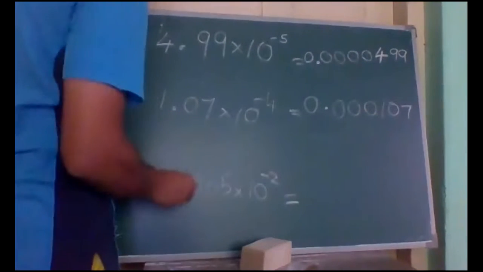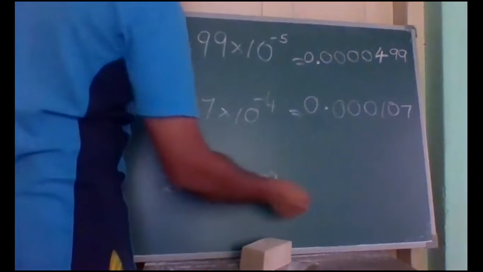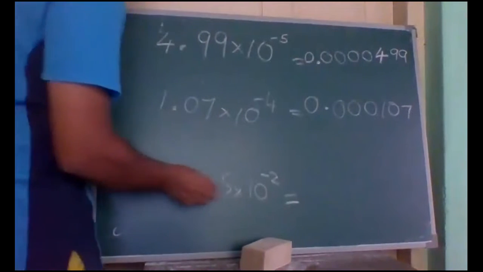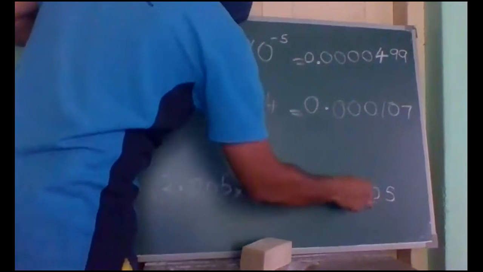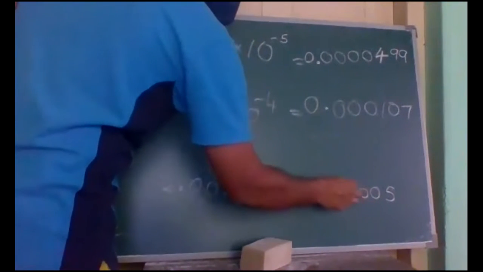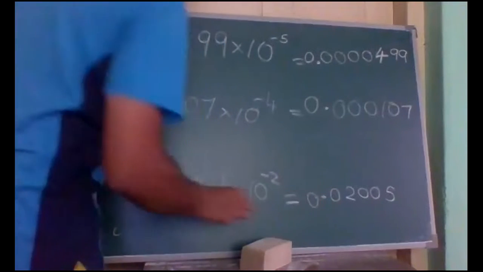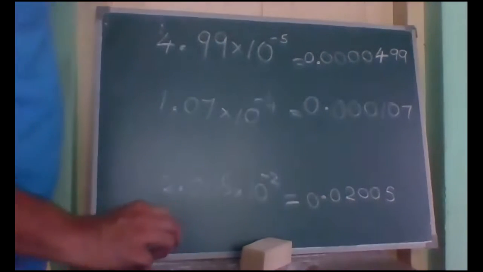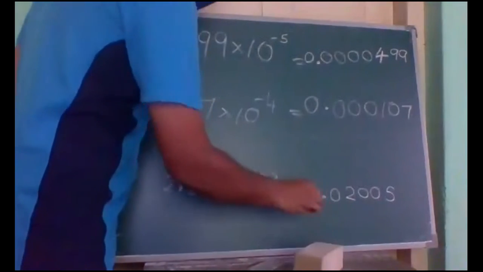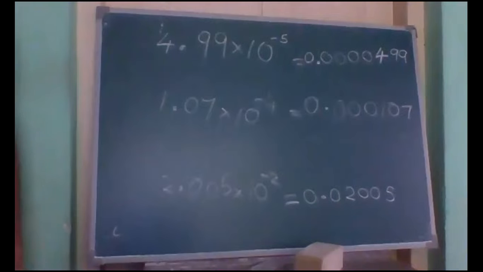From here you have to start. Here is that decimal place. So how many steps? From here 1, then 2. That's all. 0.02005. Understand? Is that okay?